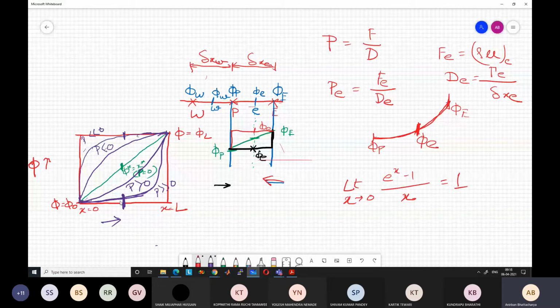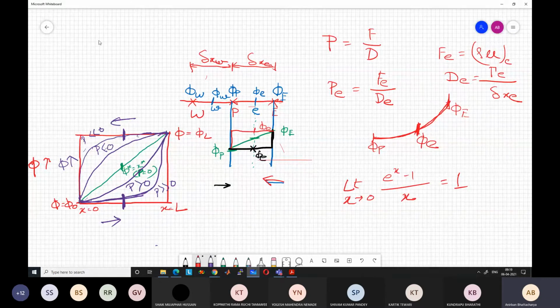If there is a very strong negative flow in this direction, then an interface at the center should be very strongly influenced by the right hand side value. So this value should be very near to phi L, and that is what we are also discovering from the exact solution.